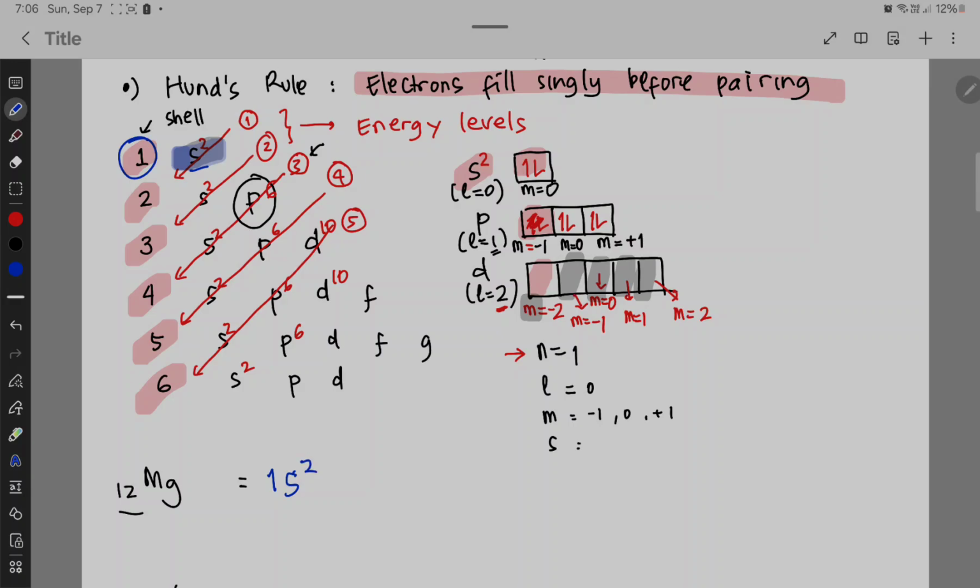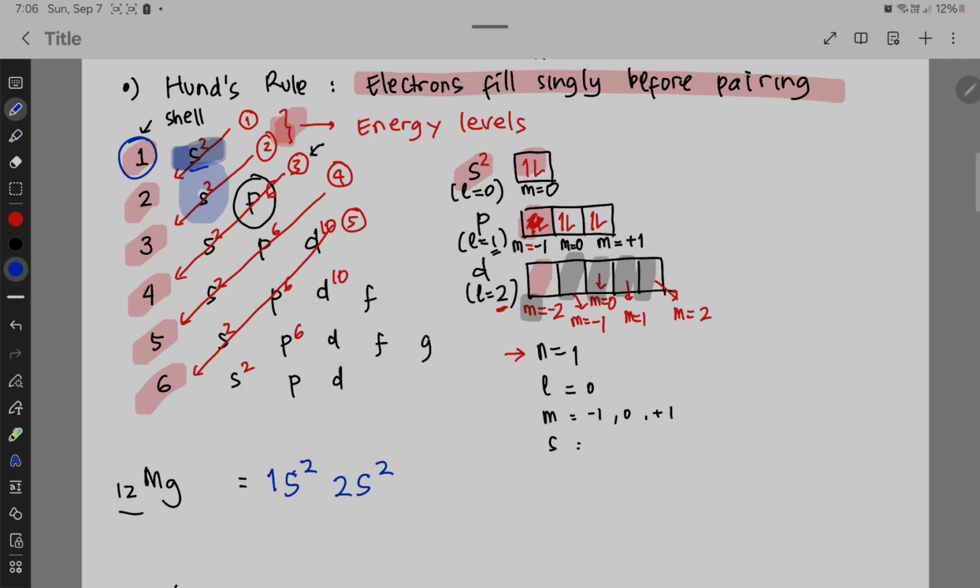Then the next electrons fill the second energy level, so it fills here, in shell 2, subshell s, and there are 2 electrons there.